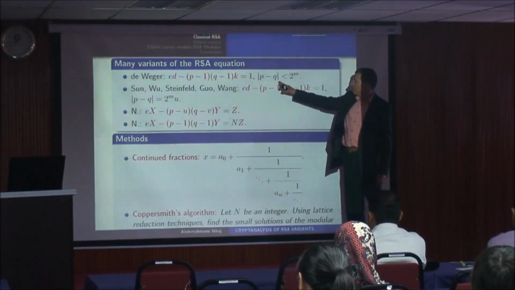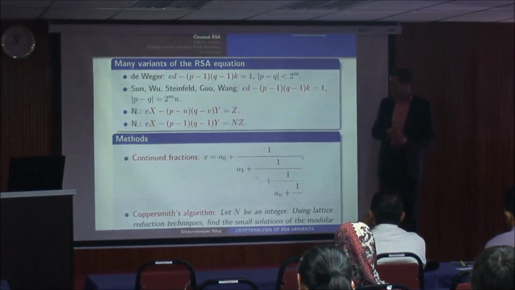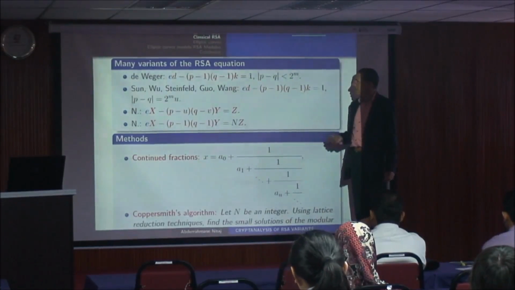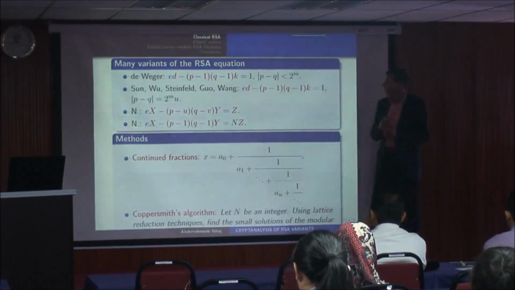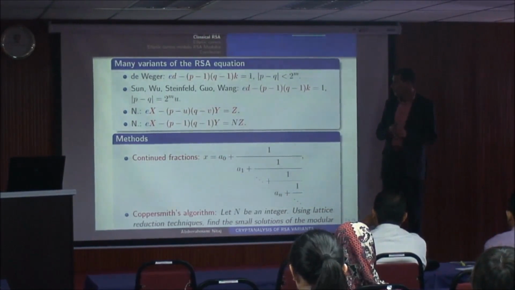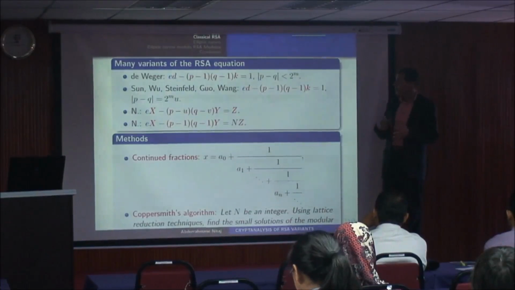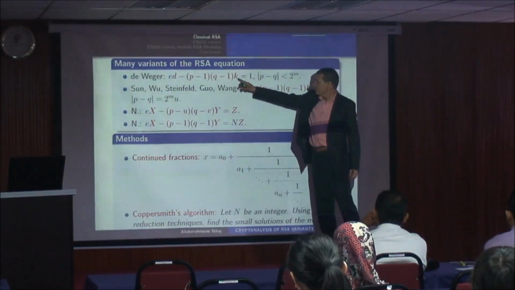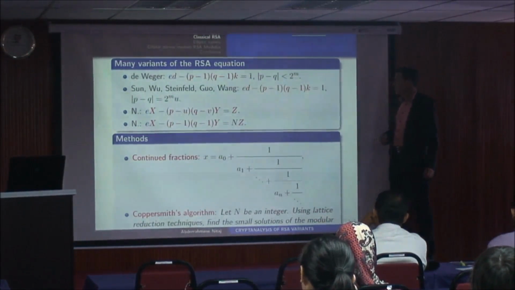For example, if the difference between prime numbers p and q is smaller than this bound, then we can find the value and we can solve this equation and break the RSA system. So these variants are based on this equation or other equations with extra conditions.